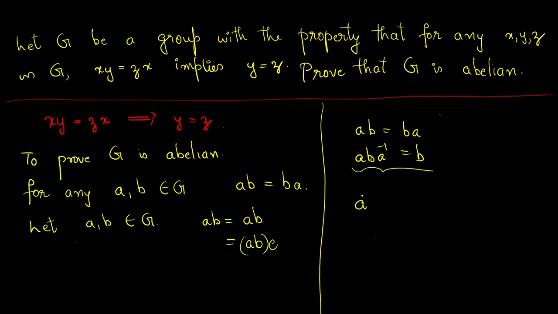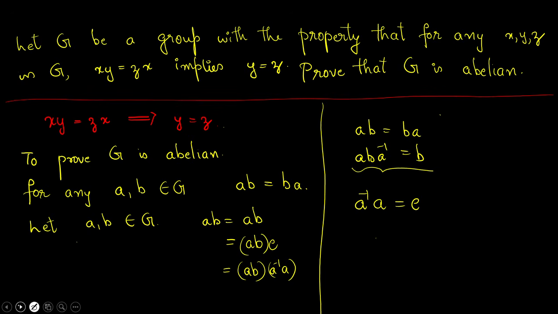We know that A inverse into A is equal to E. So using this E, we can introduce this A inverse term. Let me be precise. I will write this as AB into A inverse A.